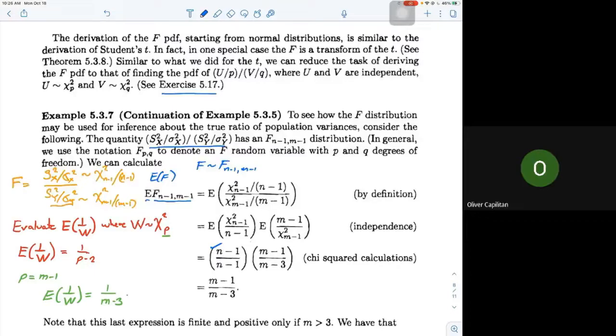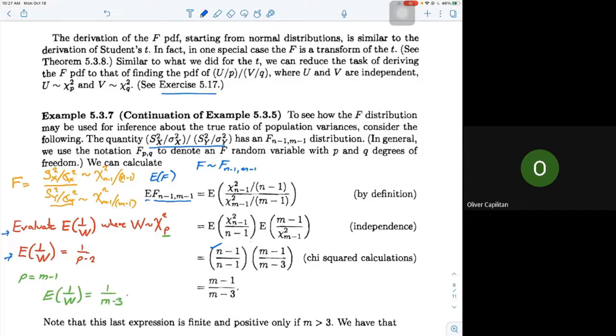But in evaluating the second expectation, m minus 1 over a chi-square variable, we have to verify first the expectation of 1 over W, where W has a chi-square distribution with p degrees of freedom. Then we can show that the mean of that is equal to 1 over p minus 2.